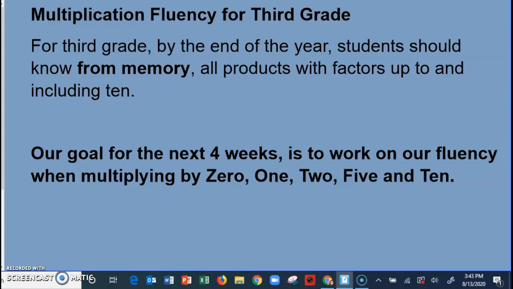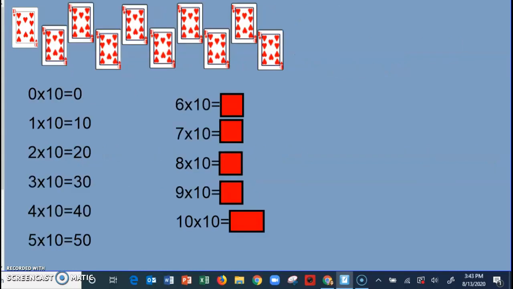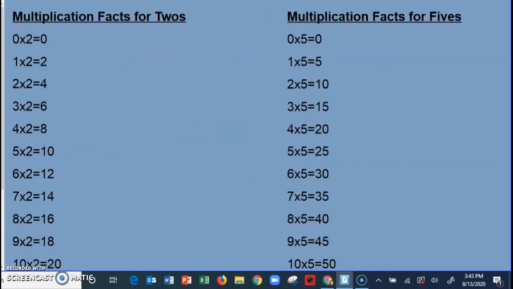So that would be all of these, all of your multiplication facts that go up through 10. So we're going to learn your zeros, ones, twos, threes, fours, fives, sixes, sevens, eights, nines, and tens.